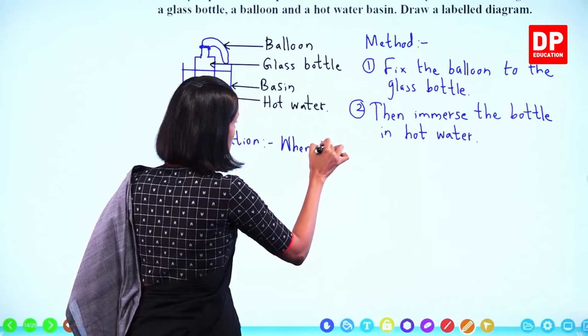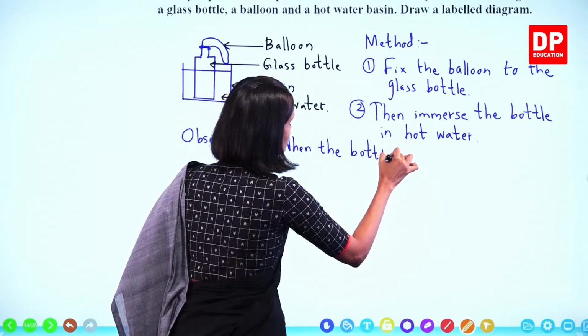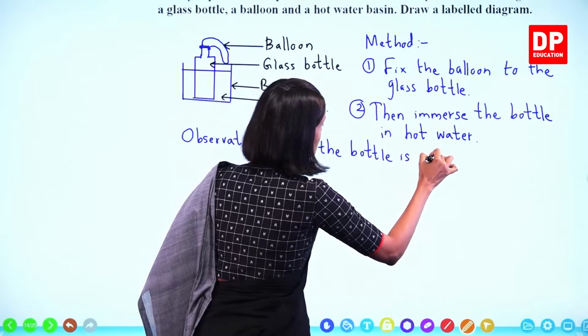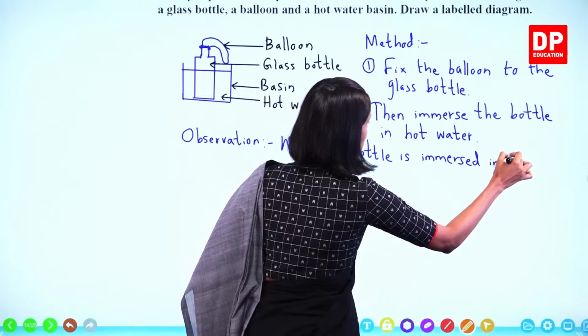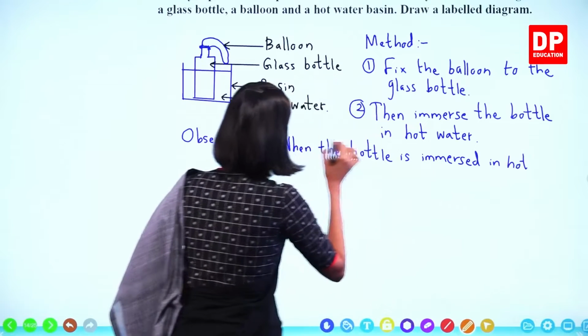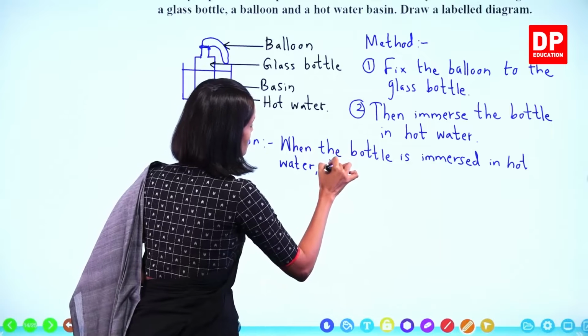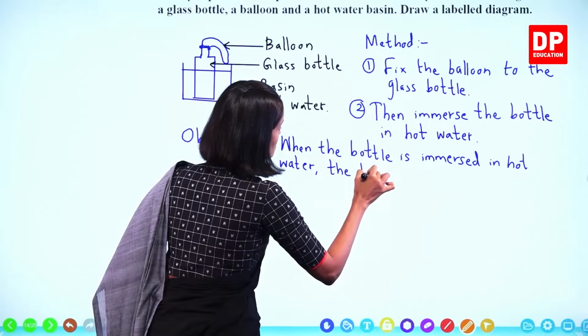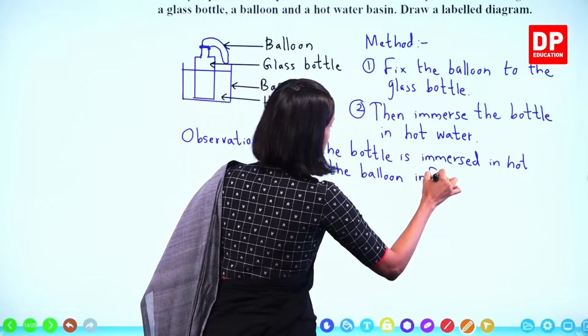When the bottle is immersed in hot water, the balloon inflates.